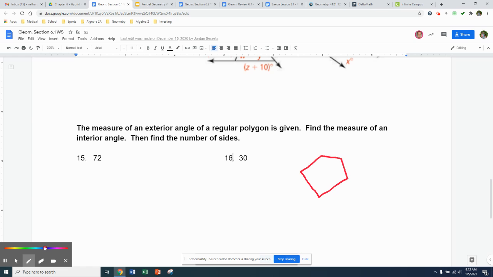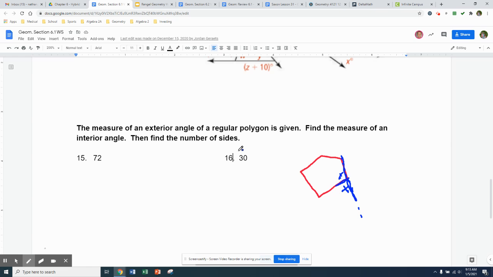An exterior angle is if you take and extend a side out. This would be your exterior angle right here on the outside, and it is going to form a linear pair with the interior angle. So let's say the interior angle is y. These two angles will add up to 180.